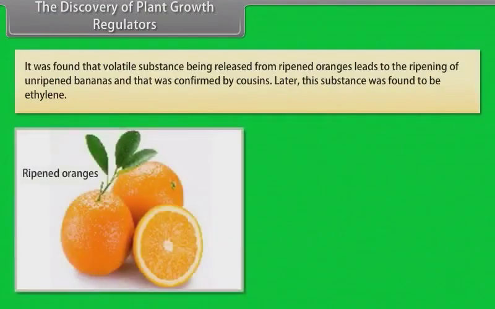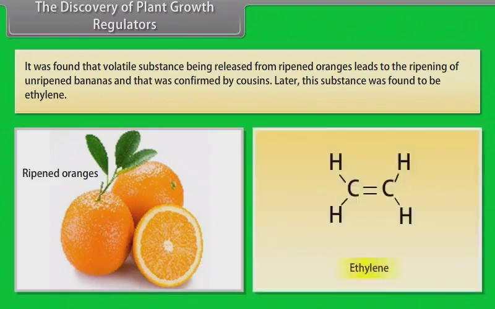It was found that a volatile substance released from ripened oranges leads to the ripening of unripened bananas, and that was confirmed by Cousins. Later, this substance was found to be ethylene. Physiological effects of plant growth regulators. Auxins.